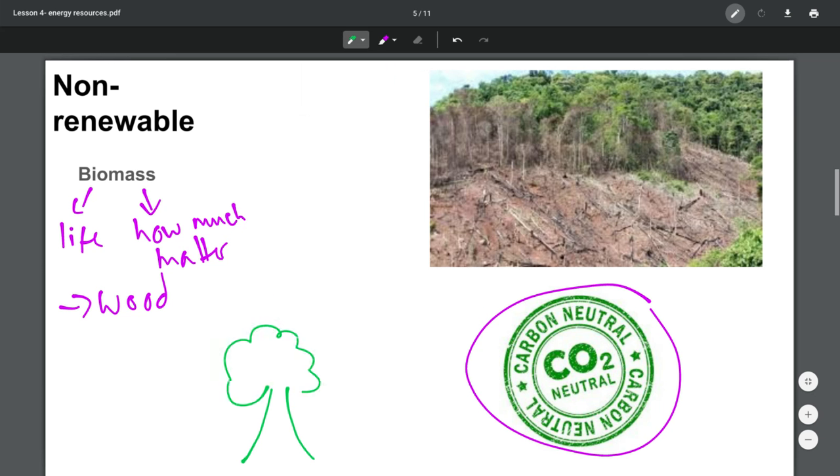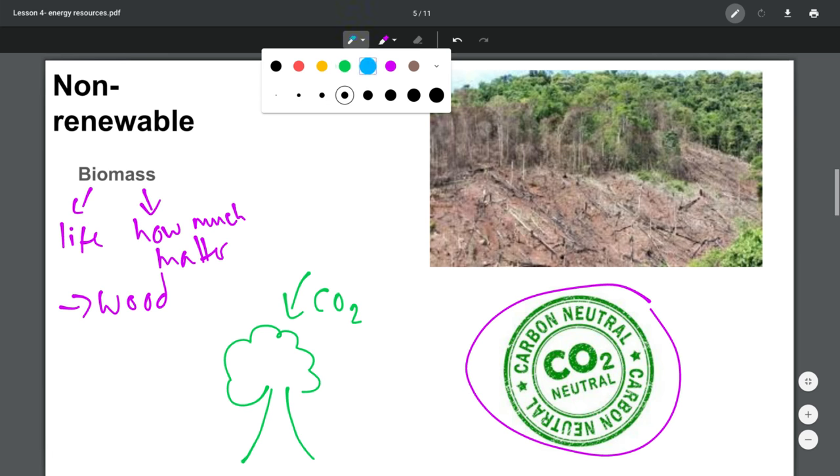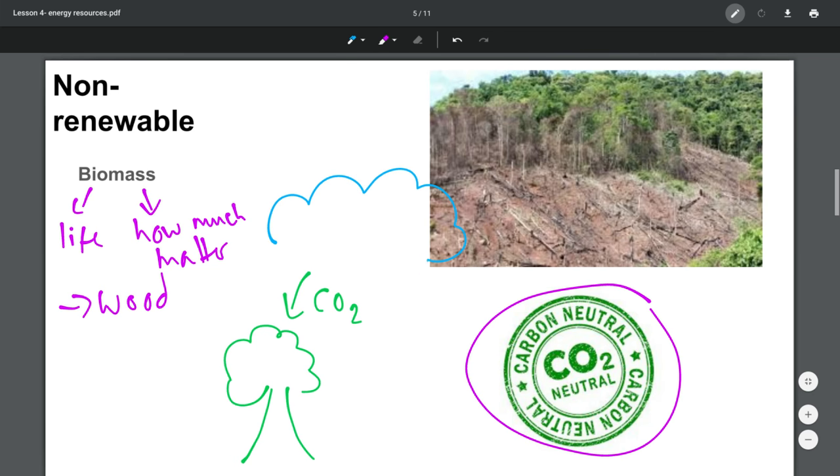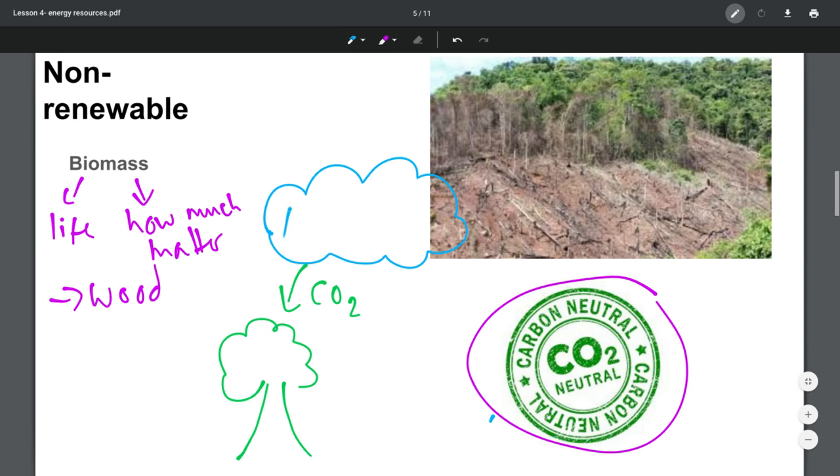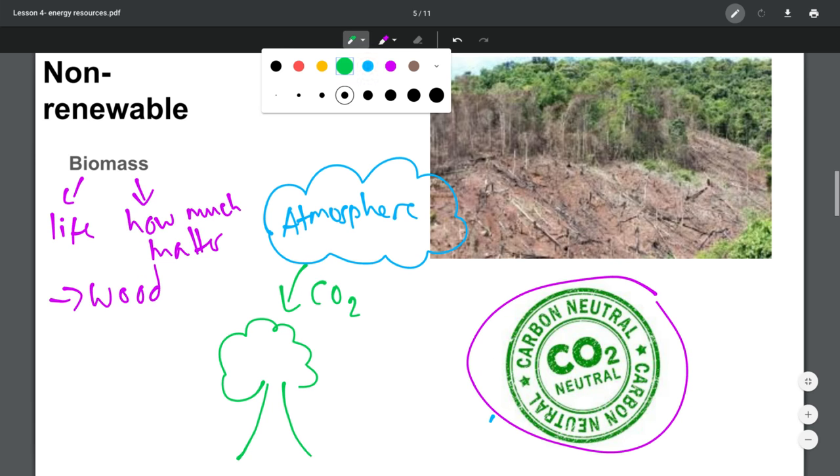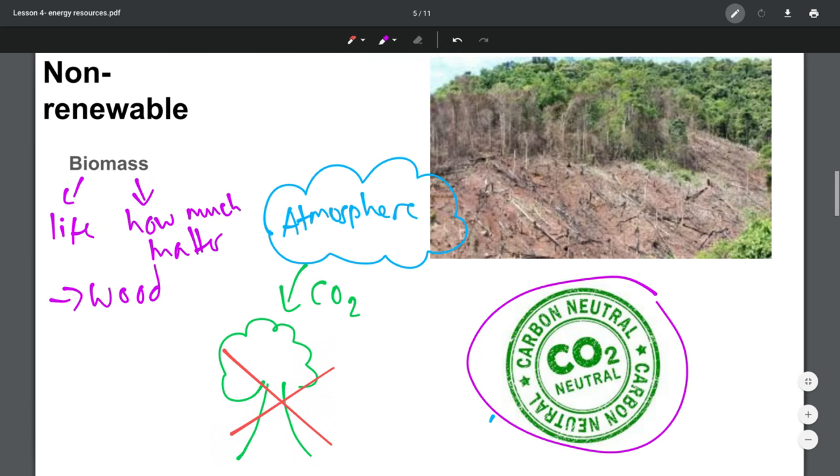Here's my tree. Now, trees take carbon dioxide out of the atmosphere, out of the air. Okay, here's the atmosphere. They take it out during the process of photosynthesis, but if you then burn a tree, so let's get rid of the tree, and you burn it, it's a fire, you release carbon dioxide back to the atmosphere.